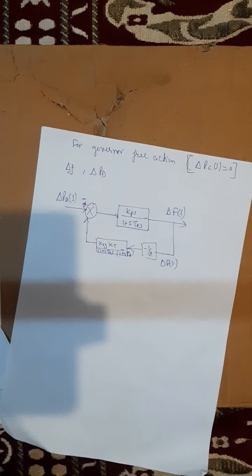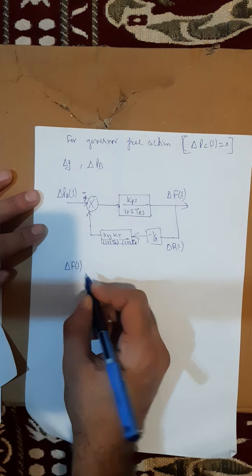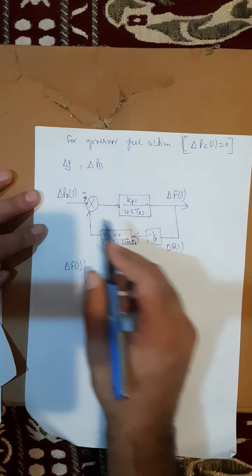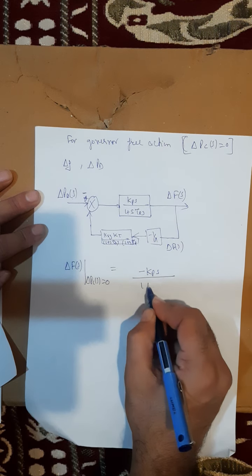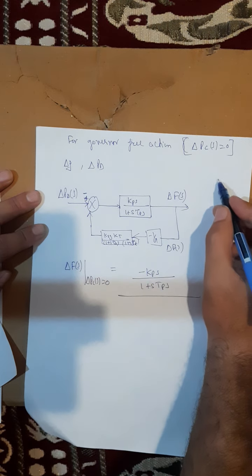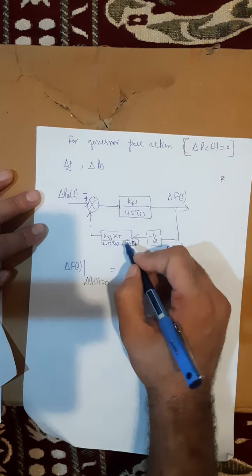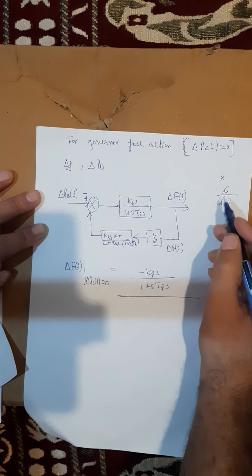So how will the system behave now? If you say, then delta F(s) for a governor-free equation, when delta PC(s) is equal to 0, will be equal to minus KPS divided by 1 plus s TPS plus, it is nothing but K. It was G and this whole is H, so G upon 1 plus GH.